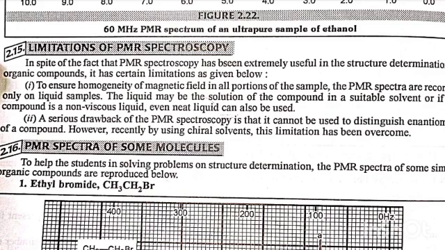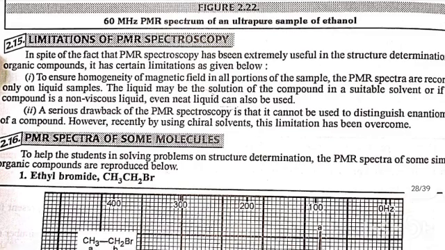The liquid may be a solution of the compound in a suitable solvent, or if the compound is a non-viscous liquid, even the neat liquid can be used. A serious drawback of PMR spectroscopy is that it cannot be used to distinguish enantiomers of a compound. However, recently, by using chiral solvents, this limitation has been overcome.